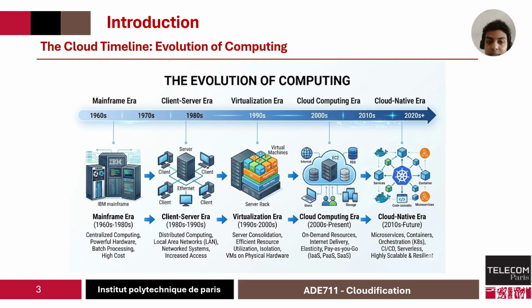Just after, in 1990, we start to have virtualization. Of course, virtualization means we can have multiple operating systems or multiple software on the same physical hardware. And thanks to that, we started to think about something called cloud computing in 2000.